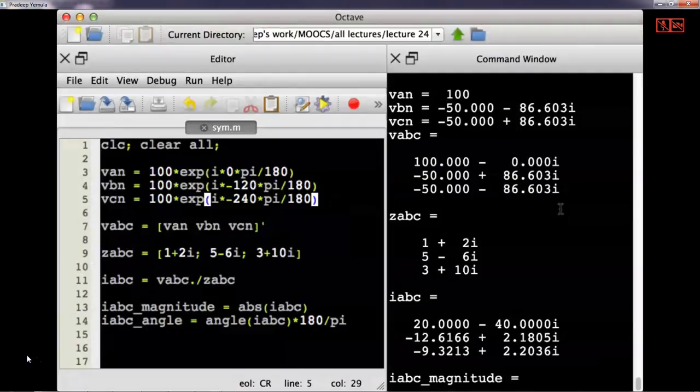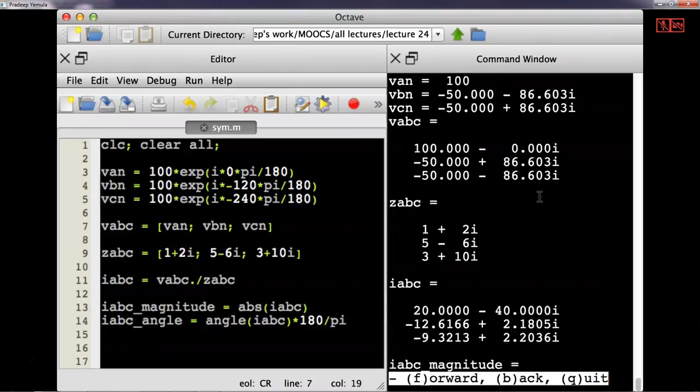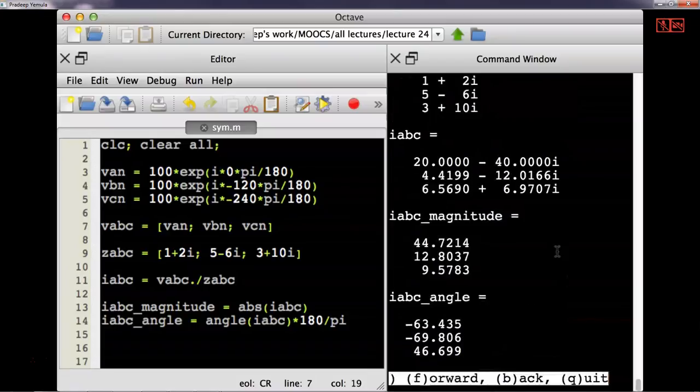There's a problem here, I think there's a problem in my code. Let me just correct it. The problem is with the transpose. So I'll just build it like a column matrix here. Let me just run it. Okay, so now I think I have the correct answers.